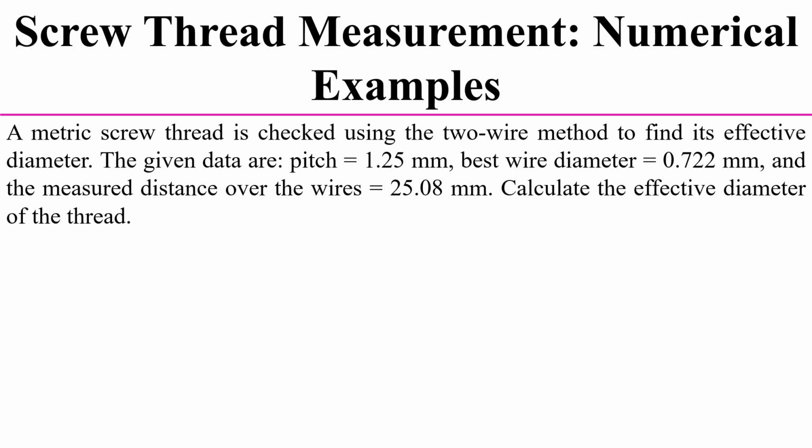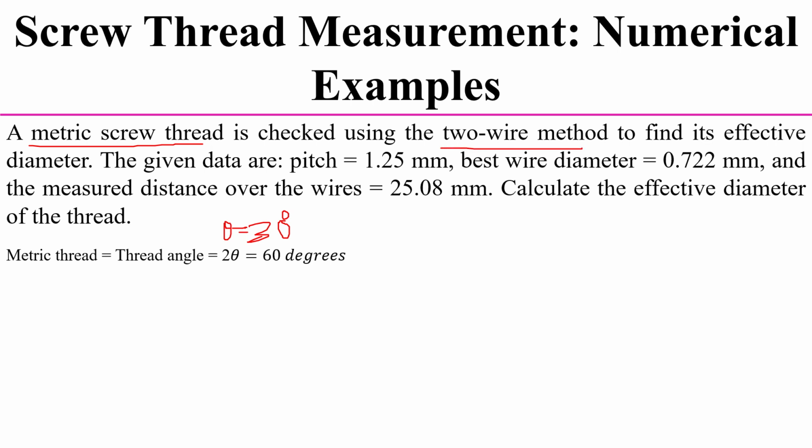Then calculate the effective diameter of the thread. So here it is given the metric thread. We know that in the metric thread, angle 2 theta equals 60 degrees and theta will become half of the thread angle, which is 30 degrees.